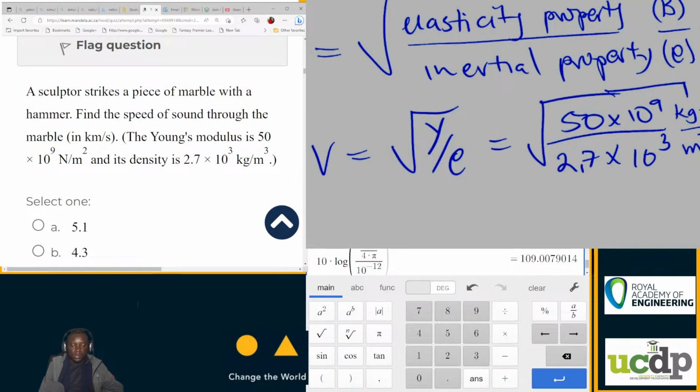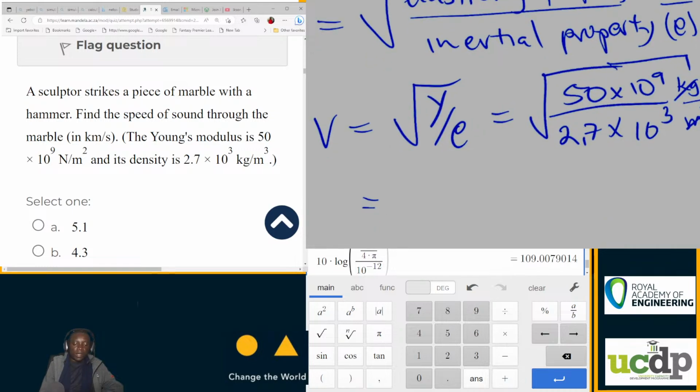So this cancels out with the meter cubed to leave a meter, and this meter adds to this one, it gives us meter squared per second squared, kgs cancelled out. So we've got a root of meter squared per second squared giving us the units of velocity.